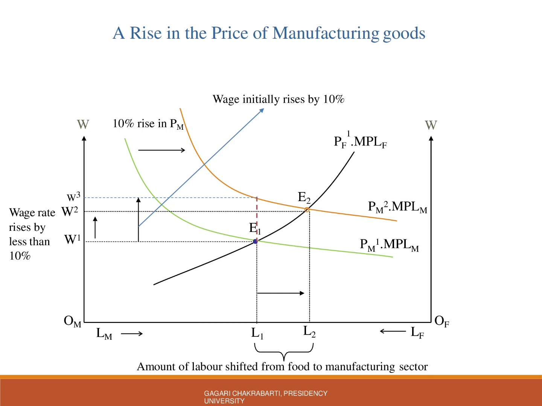So, to sum up, what is the total impact? As the price of the manufacturing good increases, the factor specific to that manufacturing goods sector is unequivocally better off. What about the other specific factor?